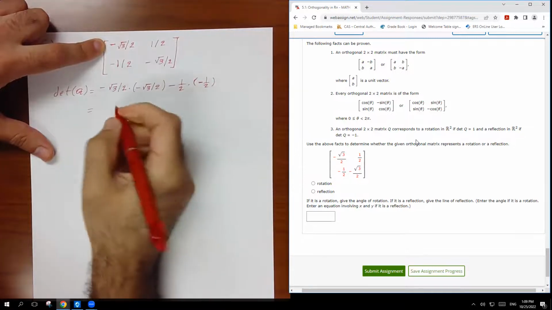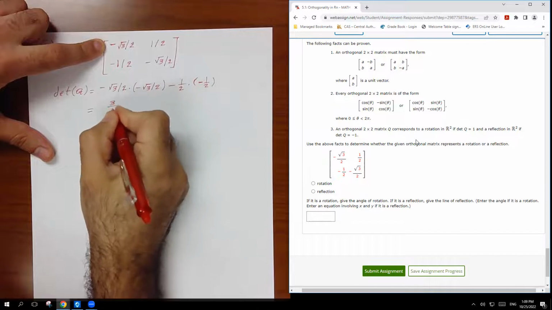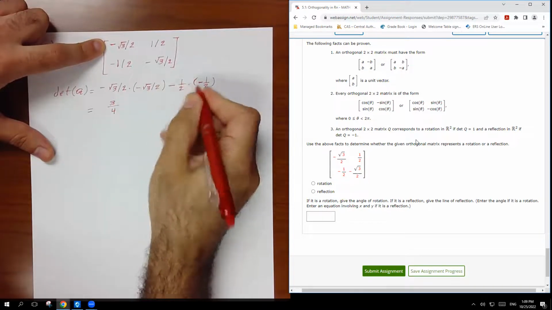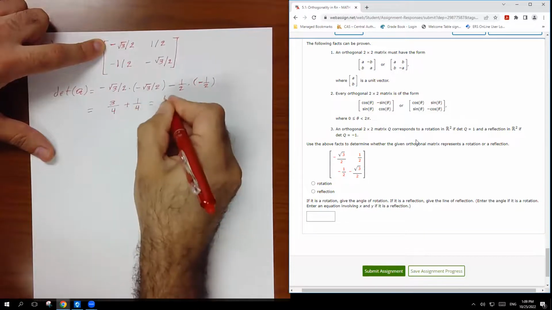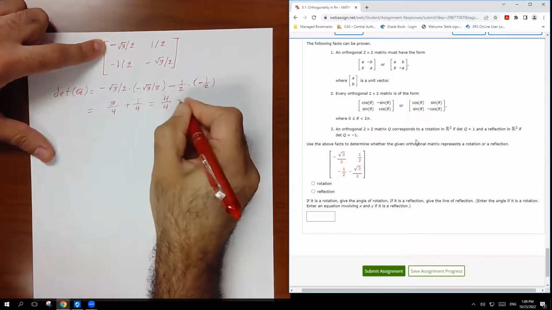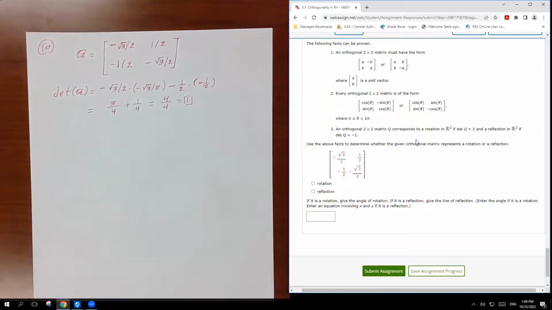Negative times negative is positive, so it's going to be 3 over 4. Negative times negative is positive, 1 over 4. And it's going to be 4 over 4, and the result is 1. That means this one is a rotation.